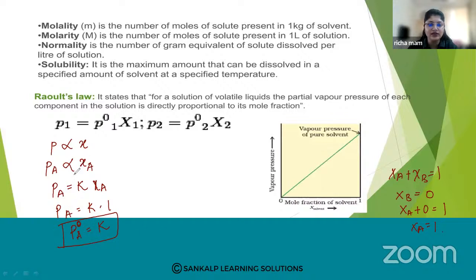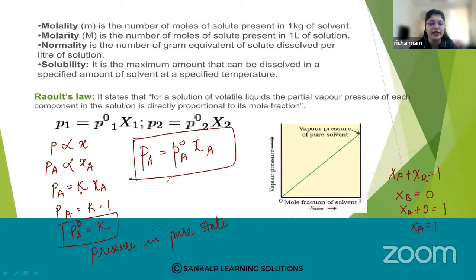If we replace it here, P naught A is the partial pressure in the pure state. So the partial pressure of component A will be P naught of A into chi of A.